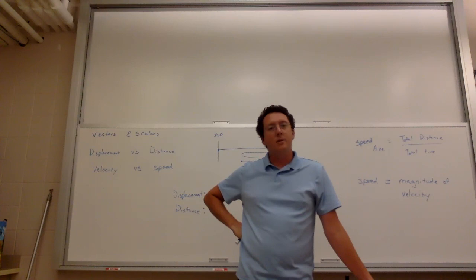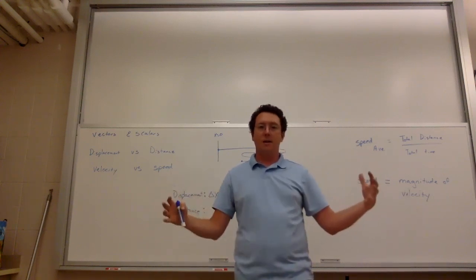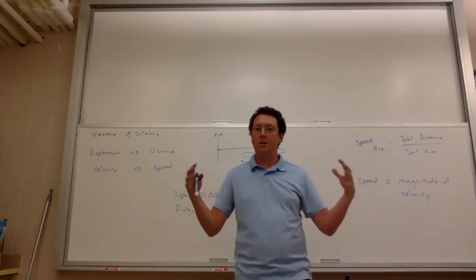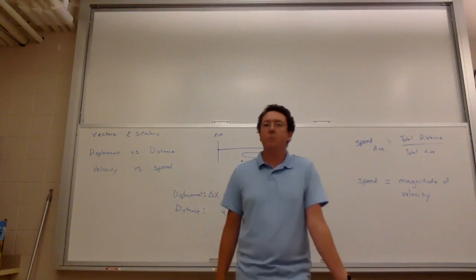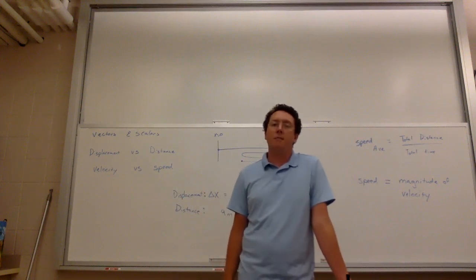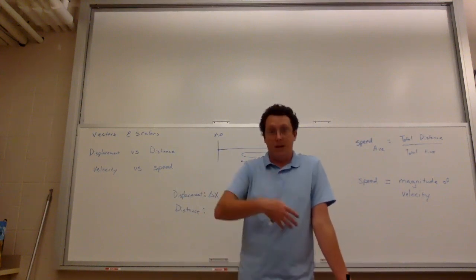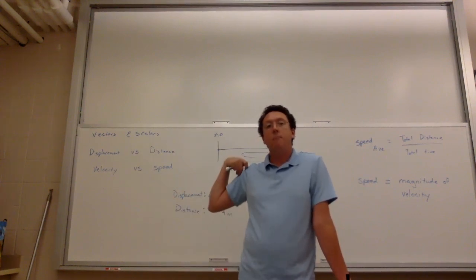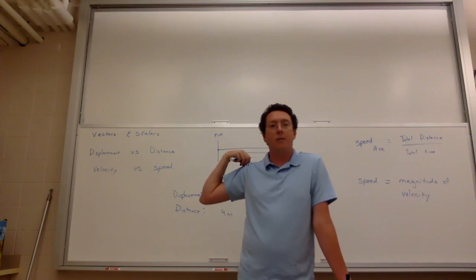But the idea is correct, that speed will be the size of the velocity. So it's the information that's left behind when you forget about direction. That's what speed is, whereas velocity knows about speed and direction. Vector quantities contain more information than scalar quantities, typically. Actually, always.